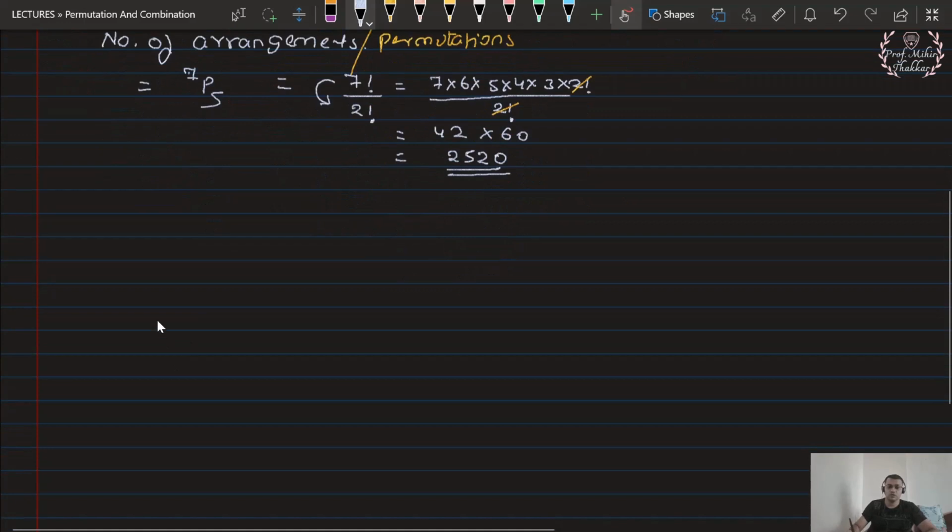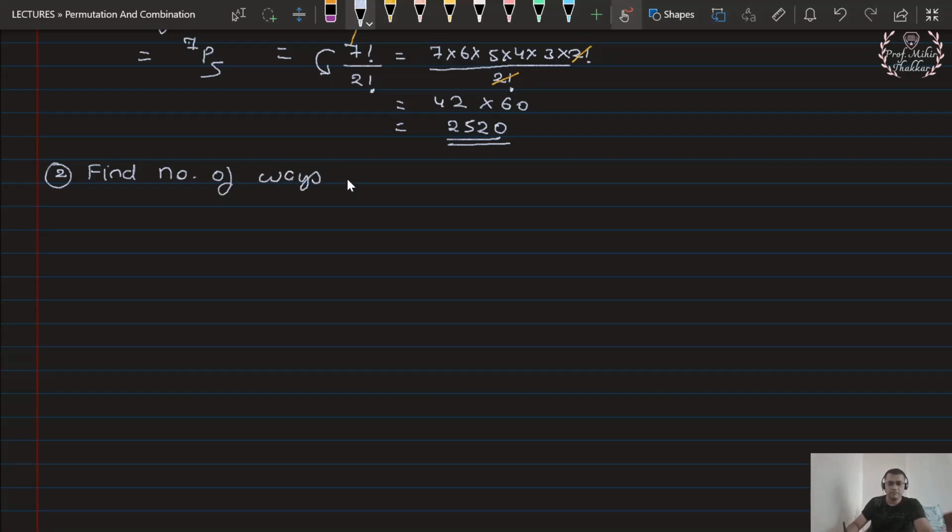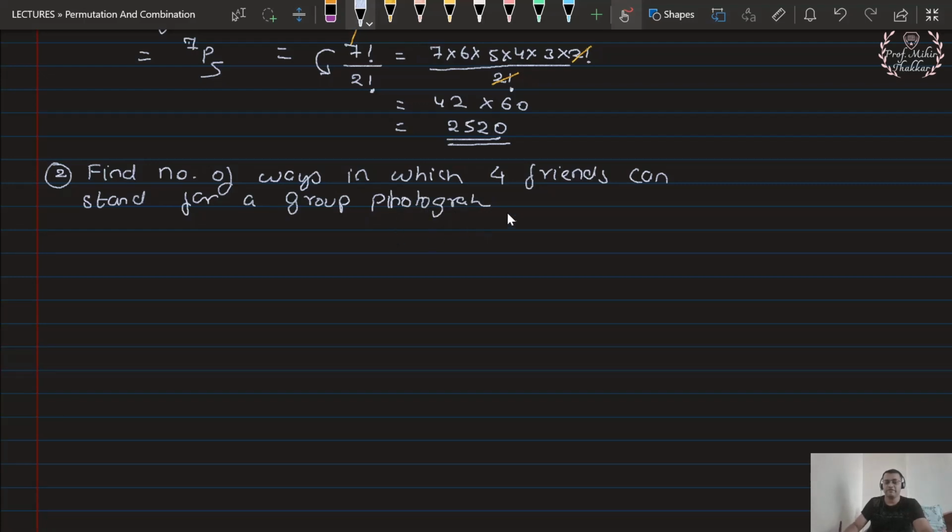Now case number 2, a very important one. Find the number of ways in which 4 friends can stand for a group photograph.